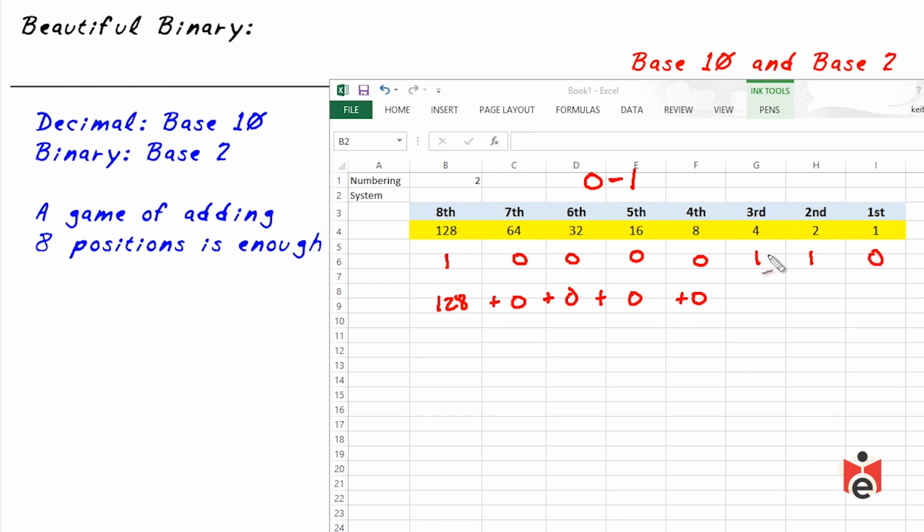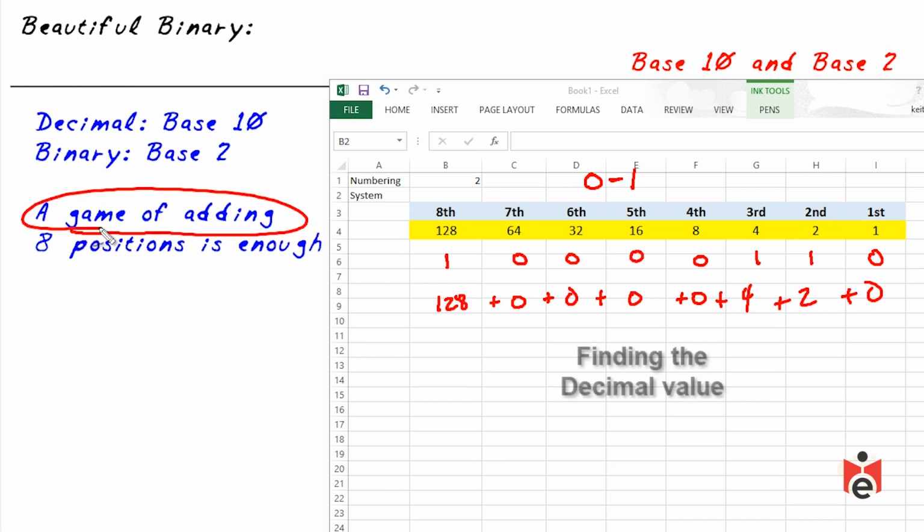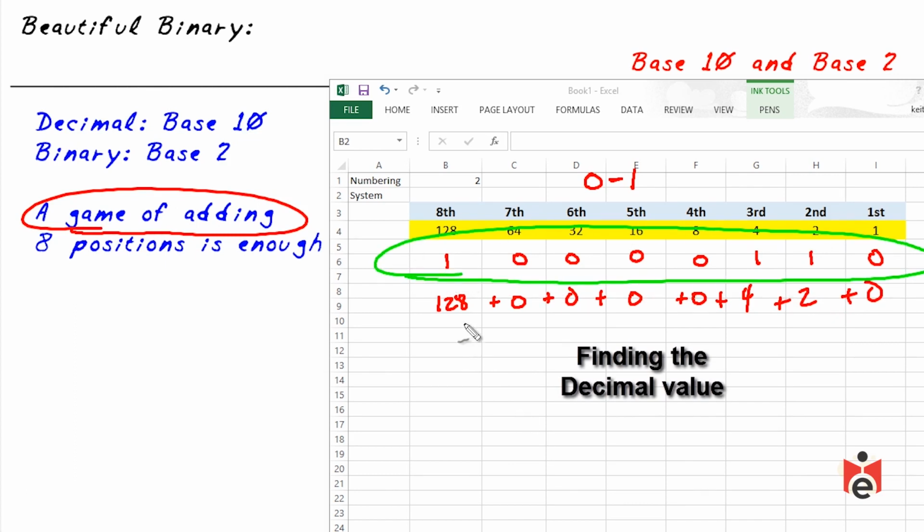And here we go. In this third position, we have a 1 on in the position that's worth 4. So we'd add 4 there, and how about the 2? The answer is, yep, we have one of those, so we'll add a 2 as well, and then 0. And then it's simply a game of adding. All we're going to do, if we want to find out the actual value of this binary number, is add these up. So it's 128 plus 4 plus 2, and that's it.